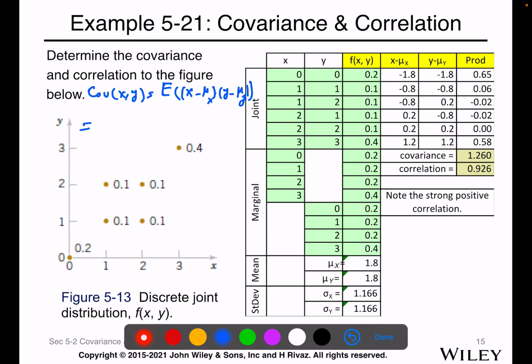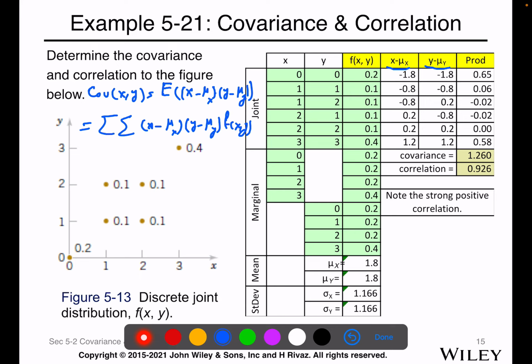Which is equal to sigma of x minus mean of x, y minus mean of y, and then f of x and y, right? So what I have to do is I have to compute x minus mean of x and y minus mean of y.